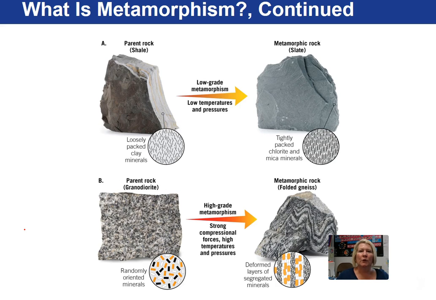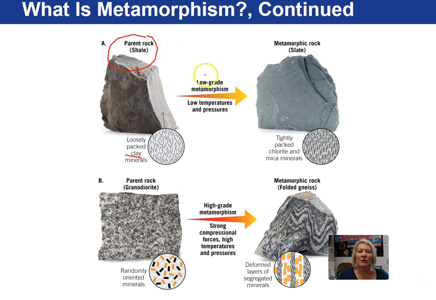There are different grades of metamorphism: low, intermediate, and high-grade metamorphism. In this figure, we're looking at the sedimentary rock shale in A here. Shale is made up of clay minerals.